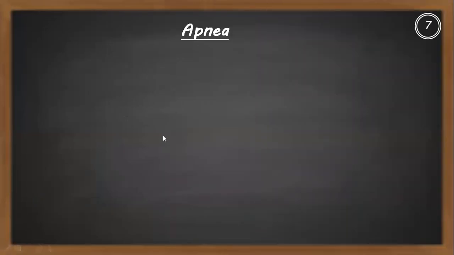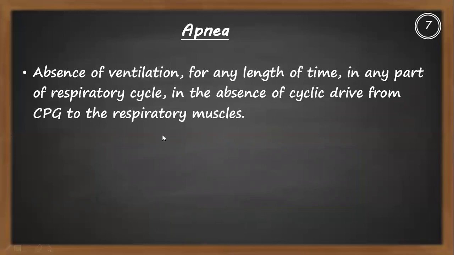Next thing that I'll be talking about is apnea. So what is actually apnea, or simply, in layman's terms, no breathing? This means absence of ventilation for any length of time, which can occur in any part of the respiratory cycle, whether that be in inspiration, during expiration, or between inspiration and expiration.